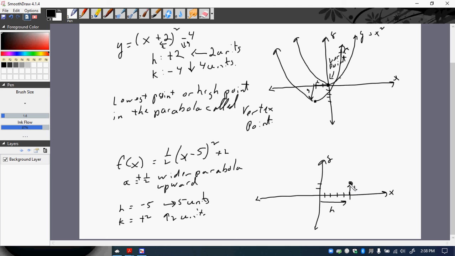Here's where my vertex point would be, and it's not going to climb as much, so it's less steep than the original parabola. If I really wanted the exact graph, I'd have to plot some points. But this is a rough idea, and I know it goes upward because the a is positive in the actual quadratic equation. And so this is what's called a vertex form equation.